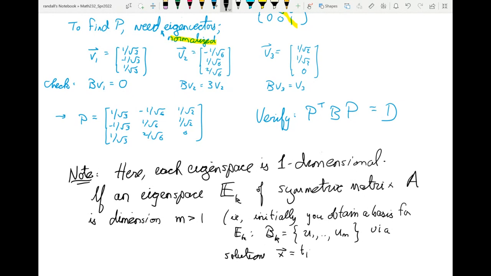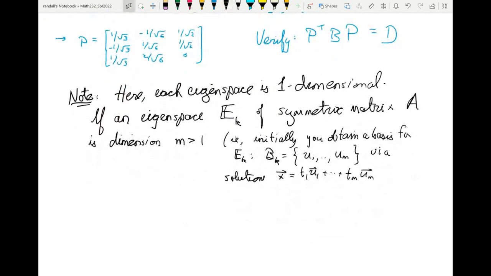You'd have these free parameters, and you'd identify those vectors like that. Remember that? At the top I said that. When you look for the eigenvectors of a matrix, you solve that homogeneous system. Once it's solved, you write out the solution set this way. You identify your free parameters. Then you extract from that vector equation the basis vectors u1 to um. Now they're just linearly independent. They won't typically be orthogonal.